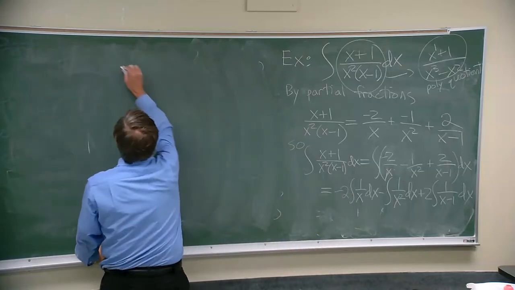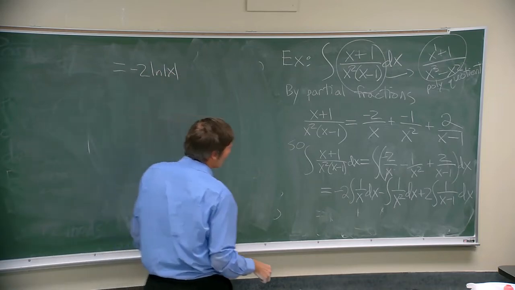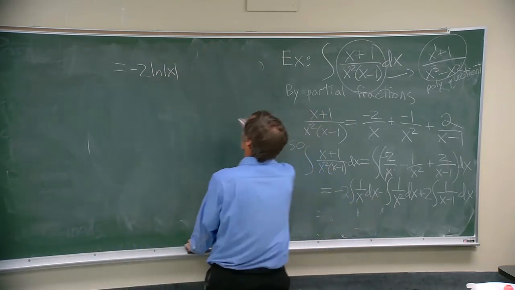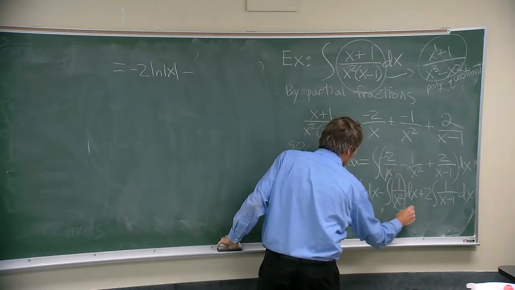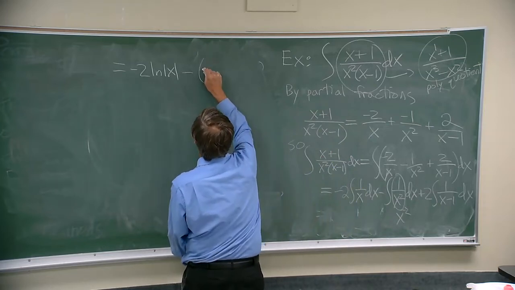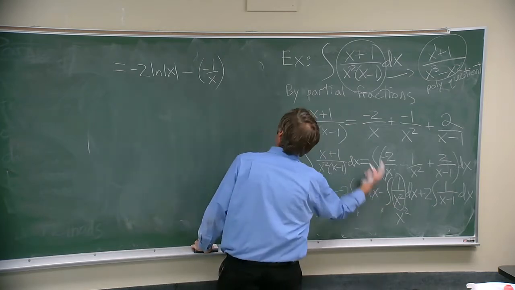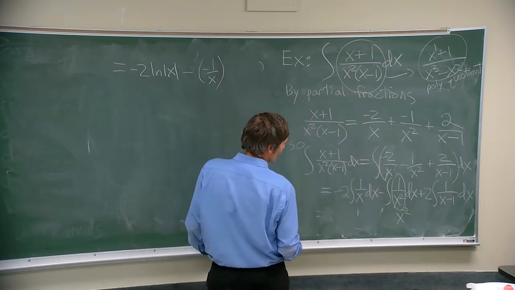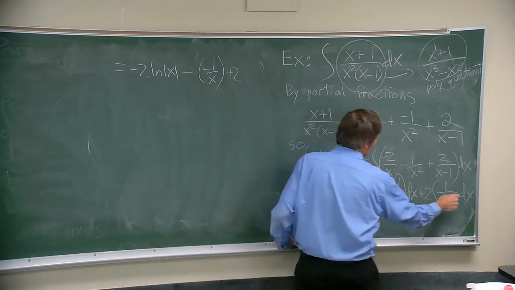Each of those is easy, right? What is the integral of 1 over x? That's just the natural logarithm. And I get minus 2 natural logarithm of x. What's the integral of 1 over x squared? Well, if we write 1 over x squared as x to the minus 2, the integral of x to the minus 2 is x to the minus 1 over minus 1, or minus 1 over x.